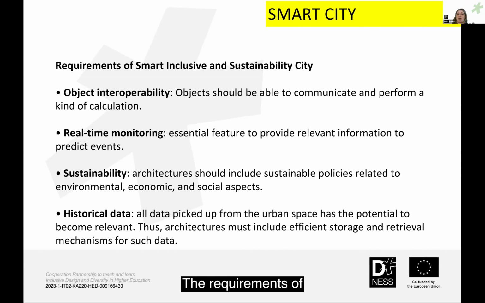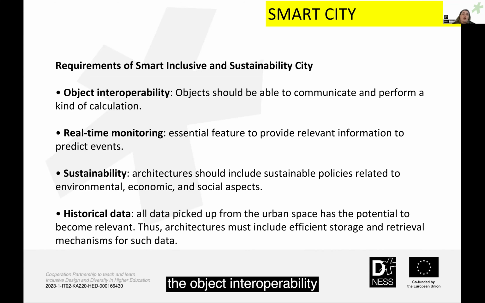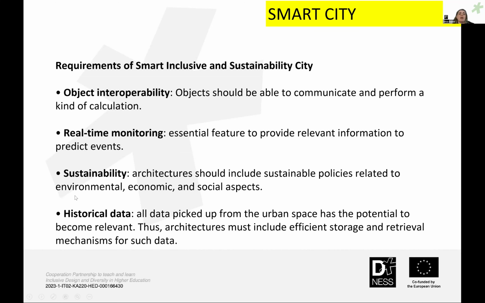The requirements of a smart city that is inclusive and sustainable are the object interoperability. So the objects should collect data and elaborate them to make calculations about the people's performances and the city's performances.